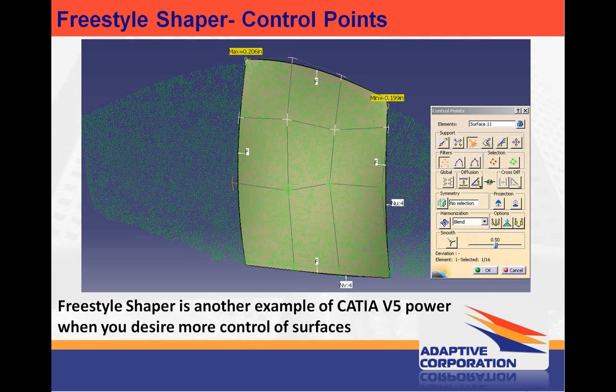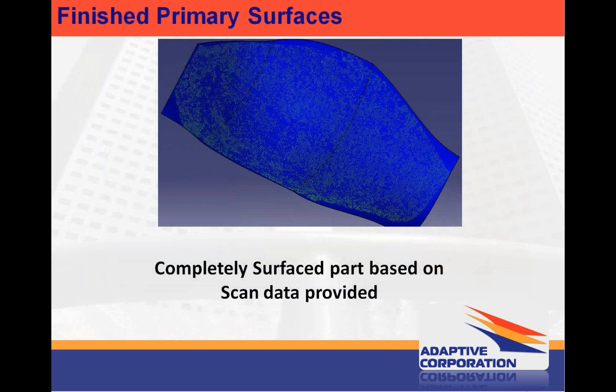We use additional tools and various workbenches to tweak the surface of an initial rough surface creation. We match the data within specified tolerances. Here we have control points that we can manipulate the surface as we go. Here we see a completed surface through the given points.